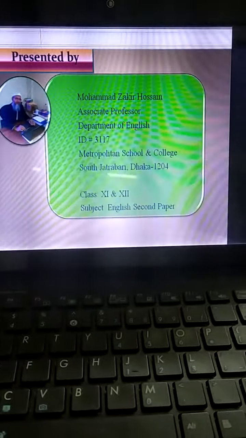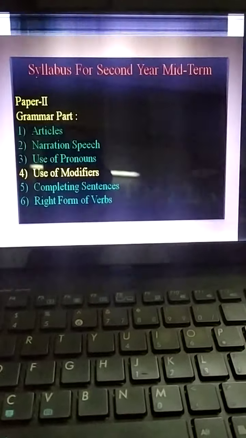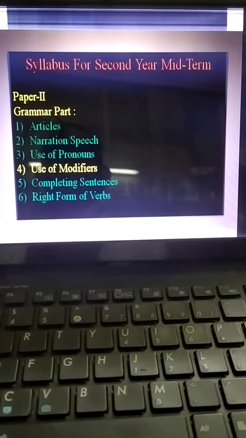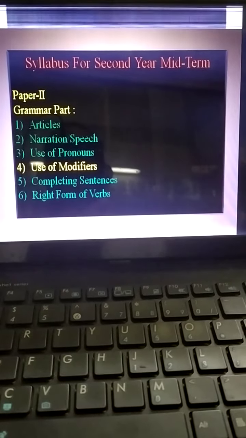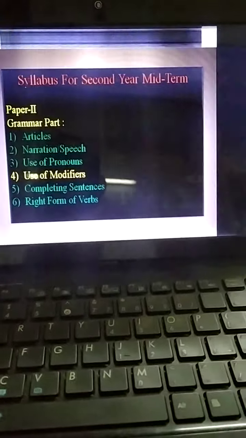Okay, let's go to the syllabus. Look at the syllabus. We have already completed articles, narration or speech, use of pronouns, completing sentences, right form of verbs. And today's topic is use of modifiers.